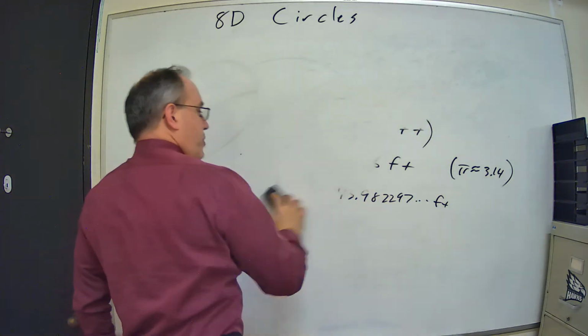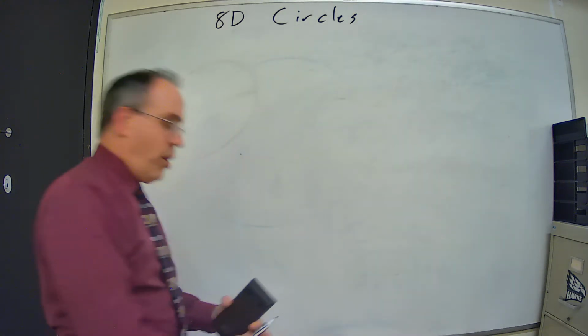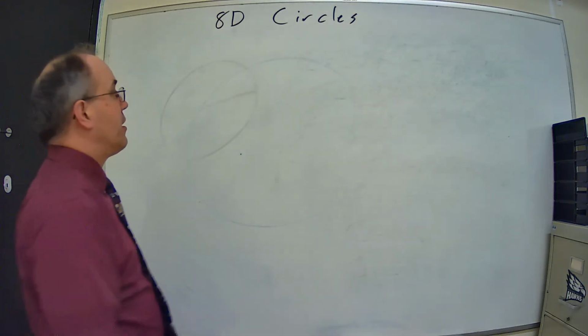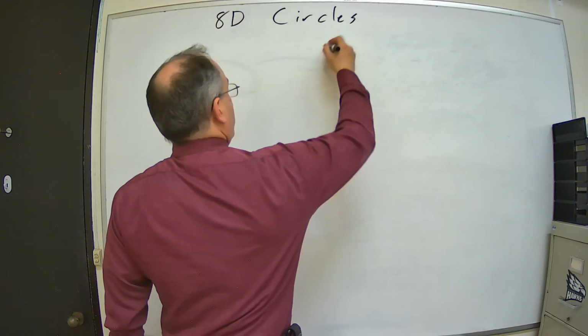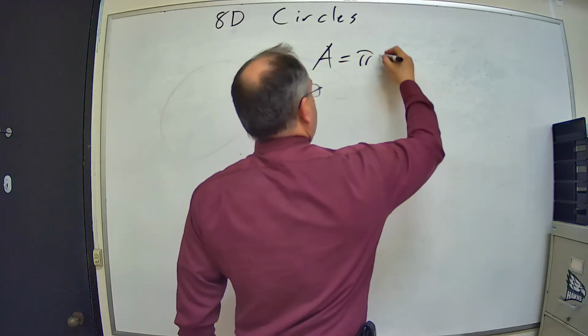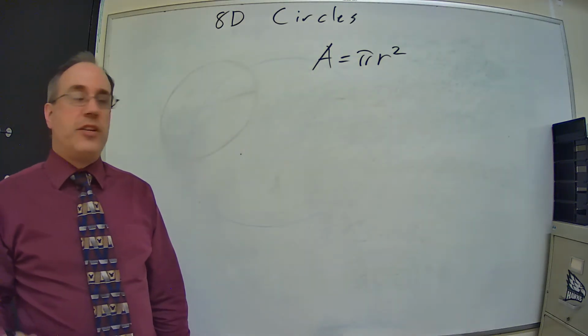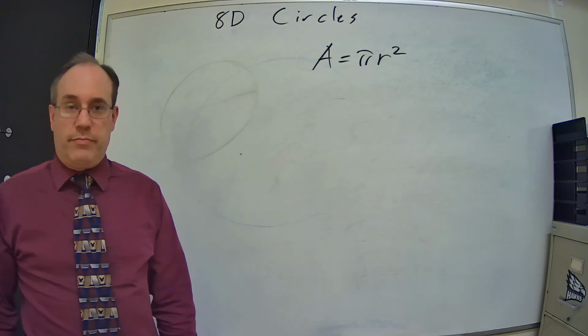Well, what did we do with our triangles and our rectangles and squares? Well, we also found the area. Well, the area of a circle is equal to pi times the radius squared. So the area is equal to pi r squared.